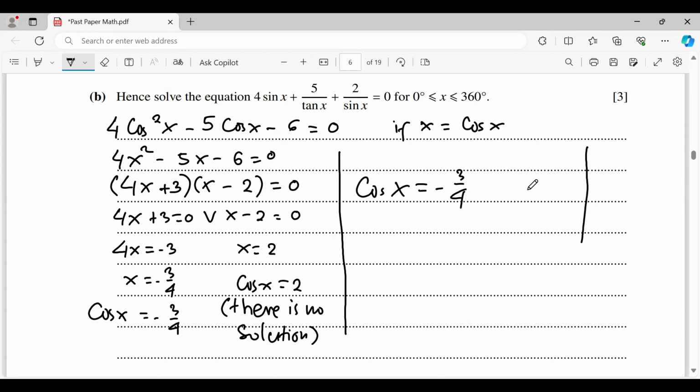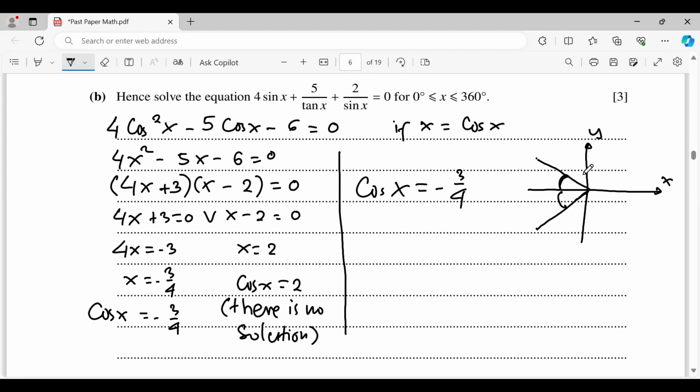The cosine x value is negative, which means the angle is in the quadrants where all cosine values are negative, the second quadrant and the third quadrant.